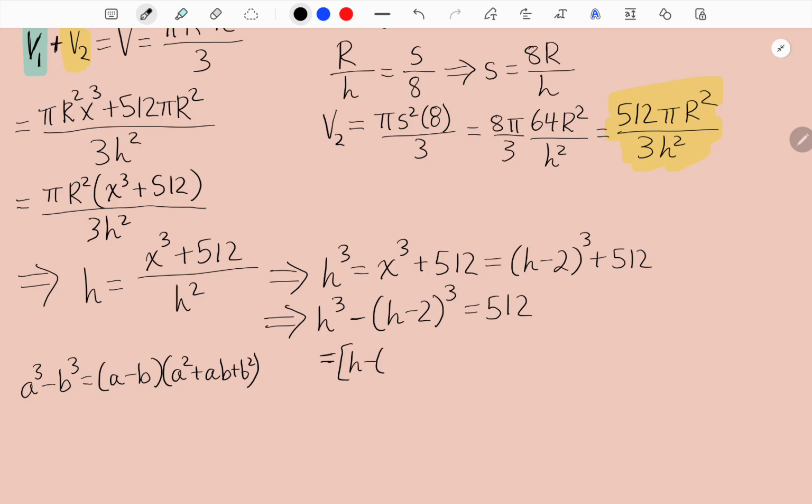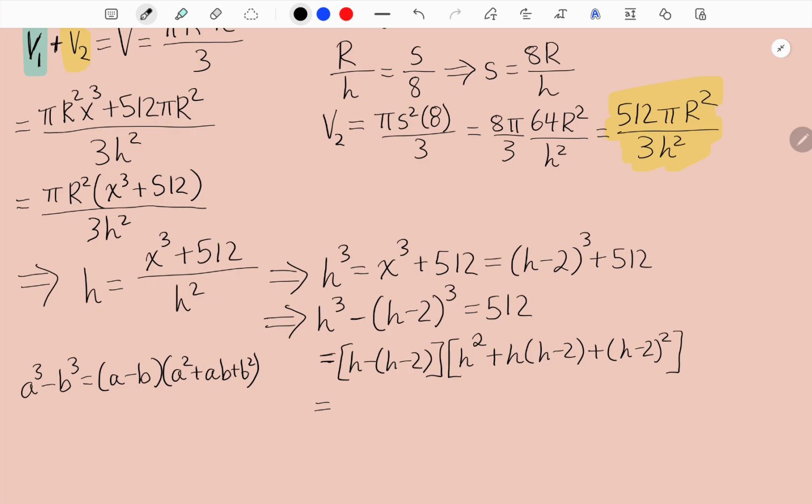So h minus (h minus 2) times a squared, so a is h, so h squared, plus ab, so h times (h minus 2), and then plus b squared, so plus (h minus 2) whole thing squared, closing brackets.